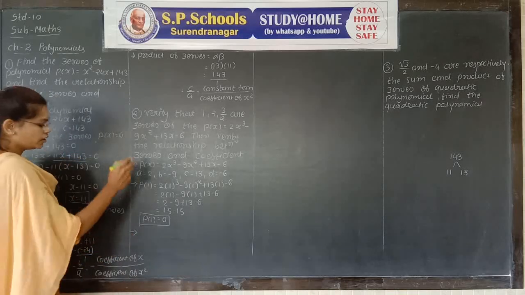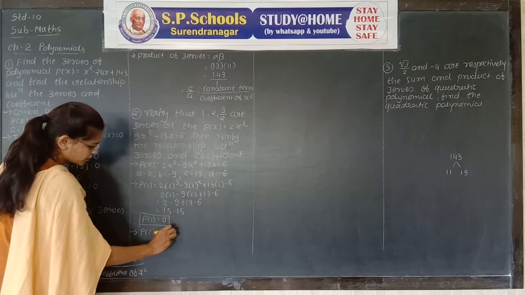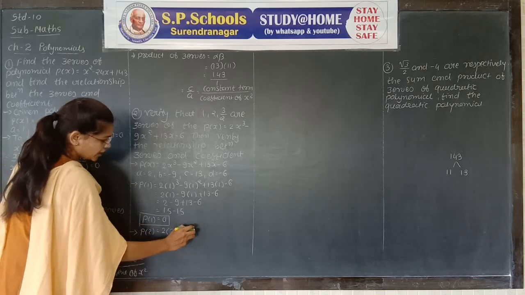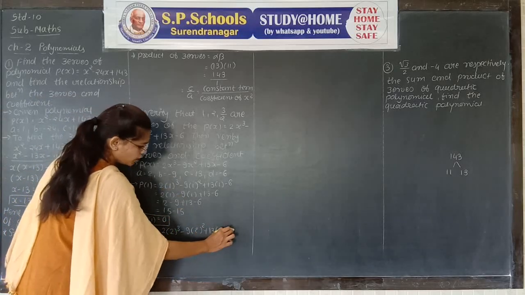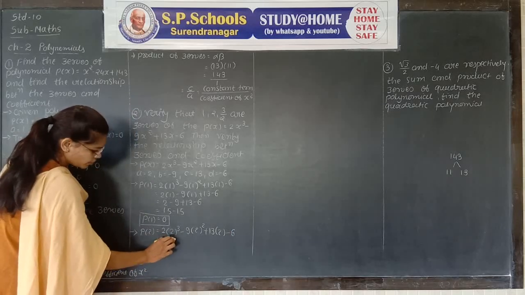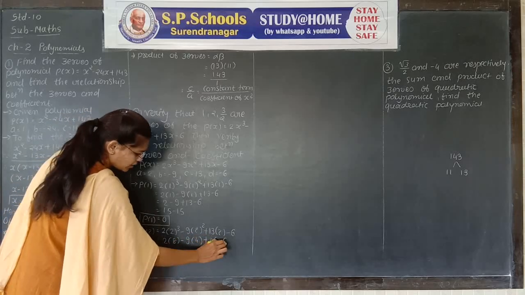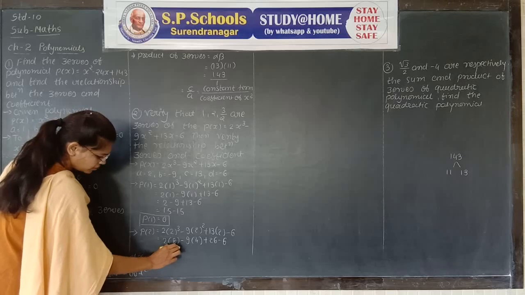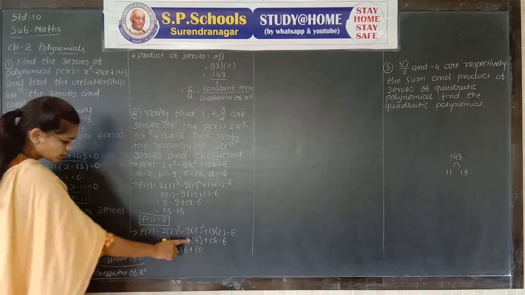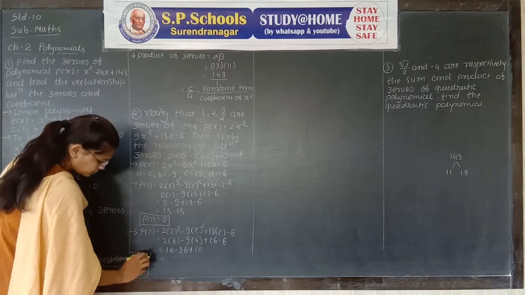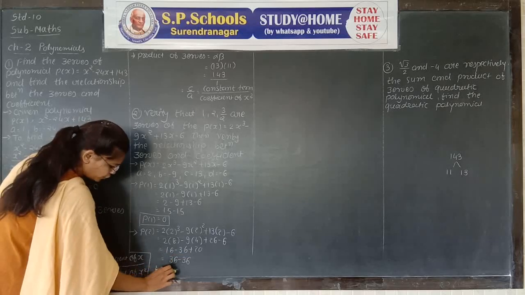Now we check for another number, 2. p of 2 is equal to 2 times 2 cube minus 9 times 2 square plus 13 times 2 minus 6. 2 cube is 8, 2 square is 4, plus 26 minus 6. 8 twos are 16 minus 36 plus 20; 26 minus 6 is 20. 20 plus 16 is 36, 36 minus 36, and hence p of 2 is also 0.